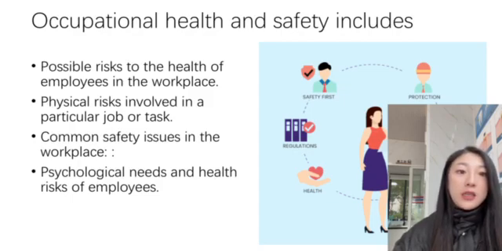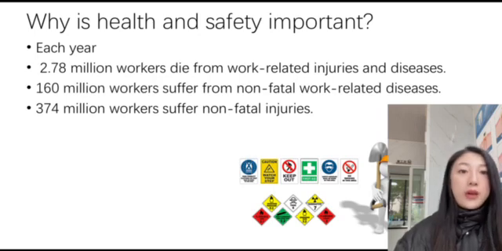Number four is psychological needs and mental health risks that may exist in the workplace or on the task. Companies must identify and monitor these possible risks and protect workers from them. For example, workers are provided with adequate personal protective equipment or free medical care.